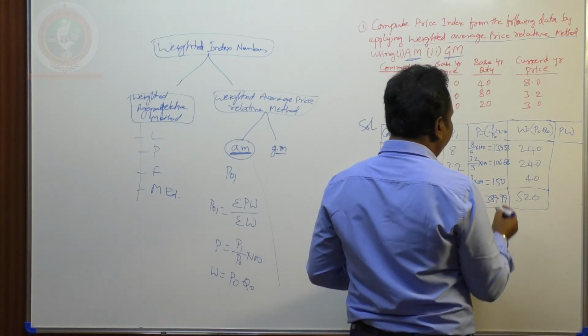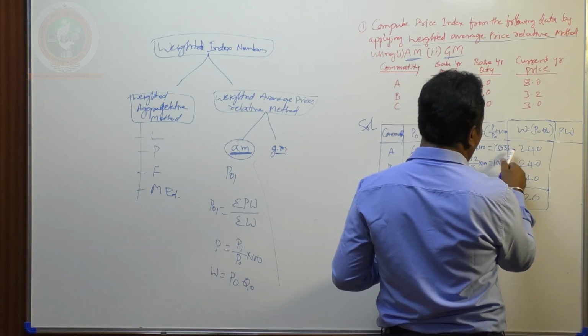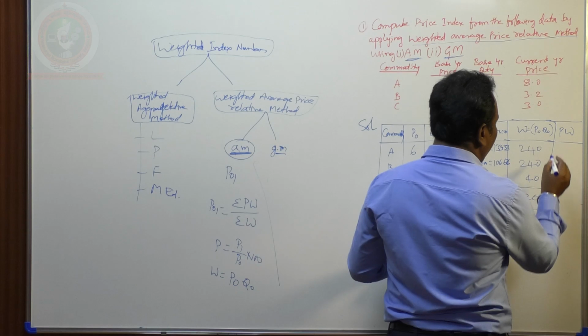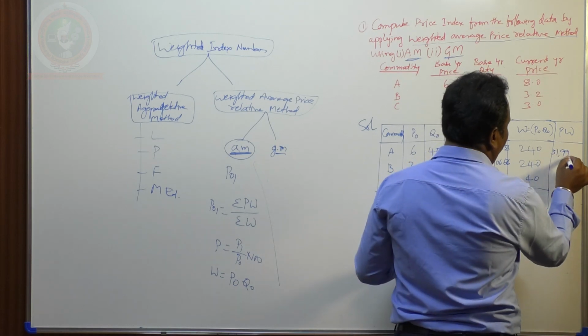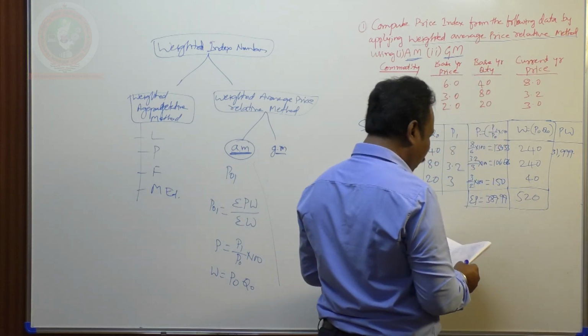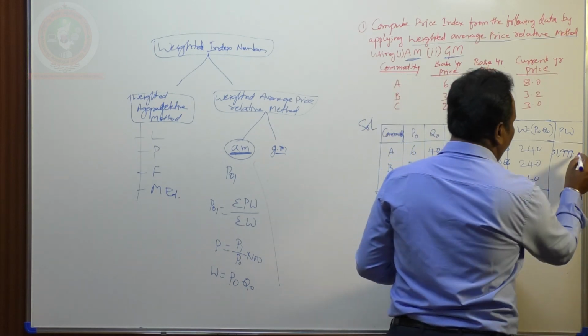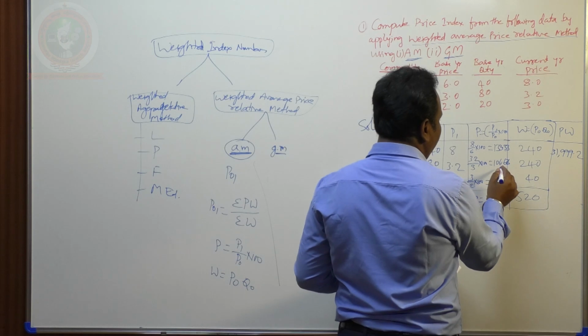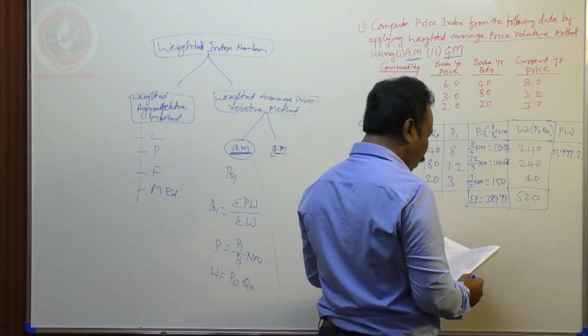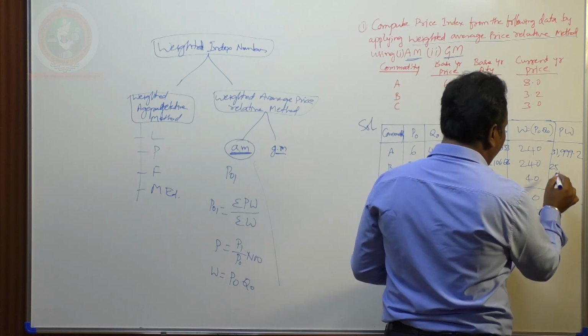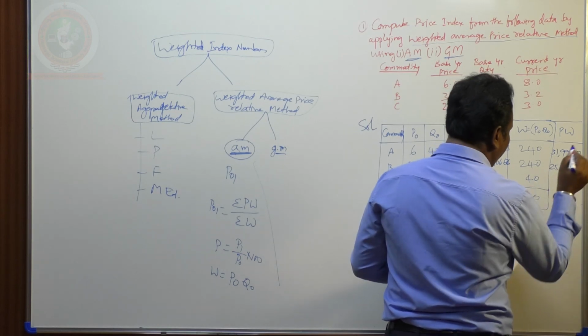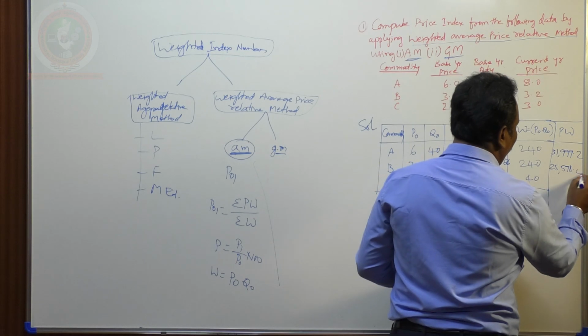So that is 133.33 into 240. So we will get 31,999.2. Next, 106.66 into 240, that is 25,598.4.